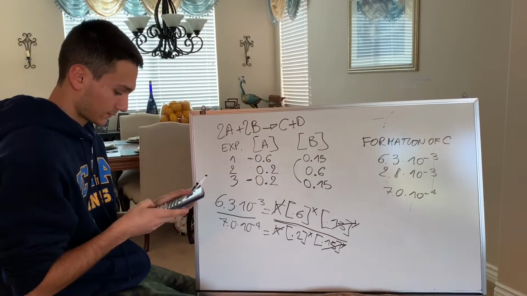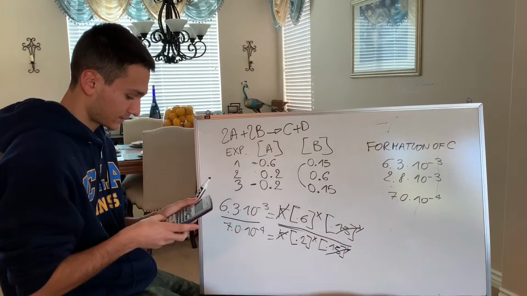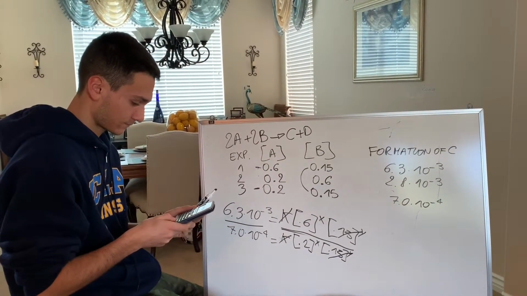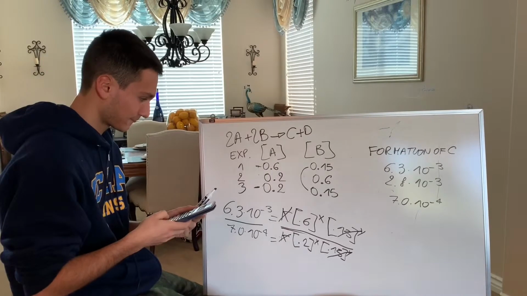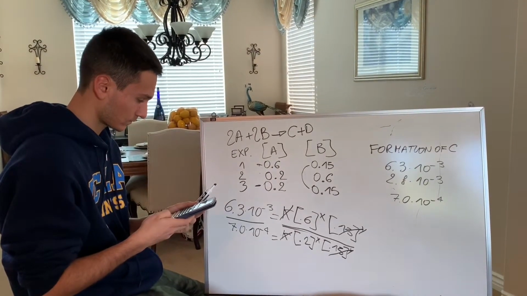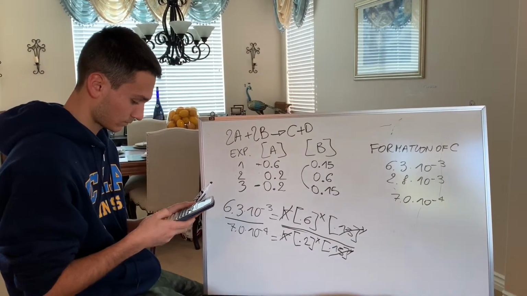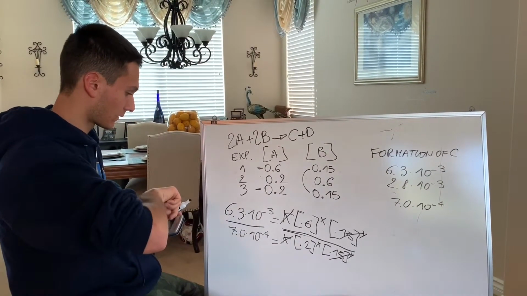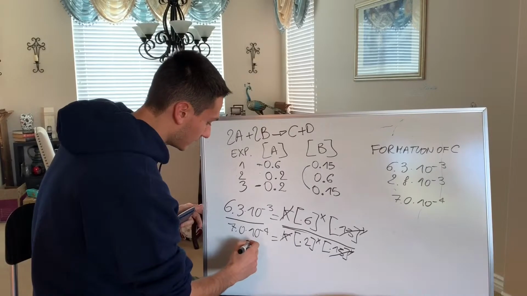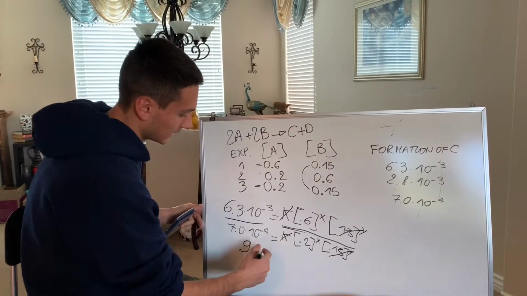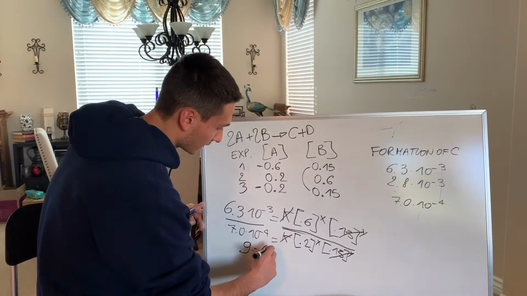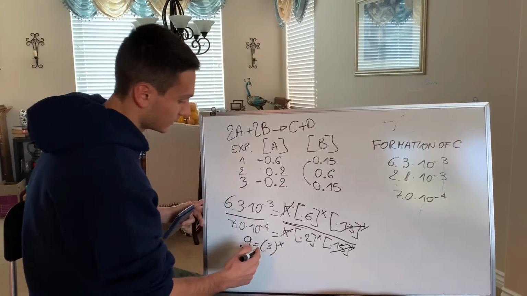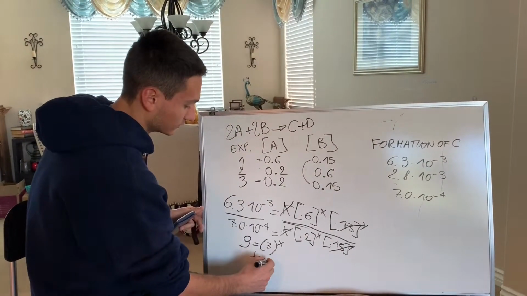So I go ahead and plug it into the calculator. I got 9 here, and this looks like 3 to the x. So x has to be equal to 2.